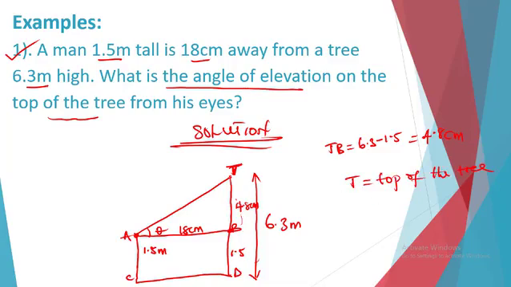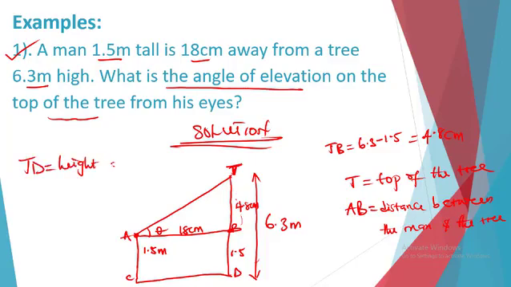Now we are given T to be the top of the tree. Line AB from the diagram is the distance between the man and the tree. Here we have line TD. TD is the height of the tree.